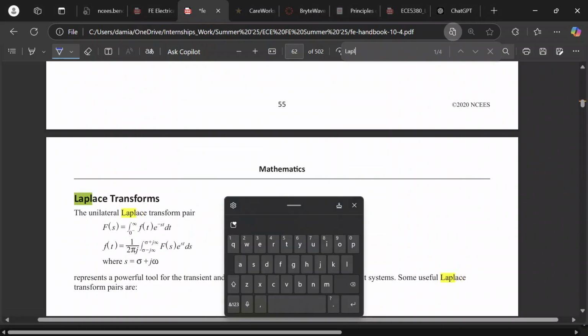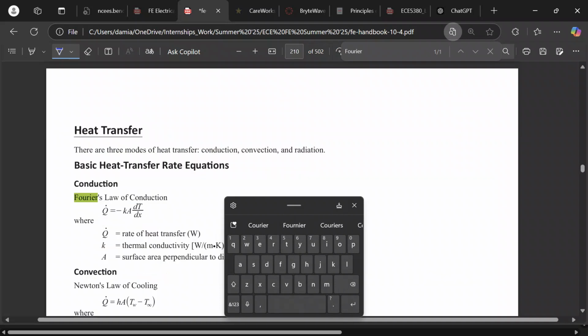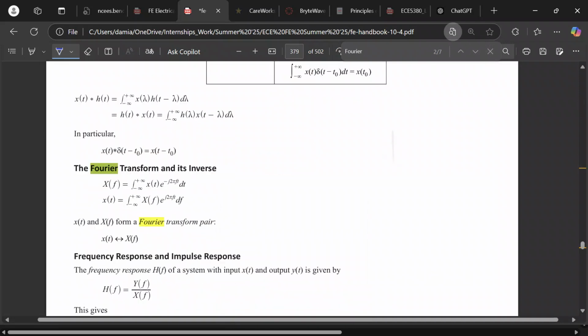What you're going to do is look up Fourier, if I can spell it here. Okay, then you just wait until your computer finds it in the page. And this might not be it. This is in heat transfer, so this probably isn't going to be it. And scroll down. Okay, this might be it here.